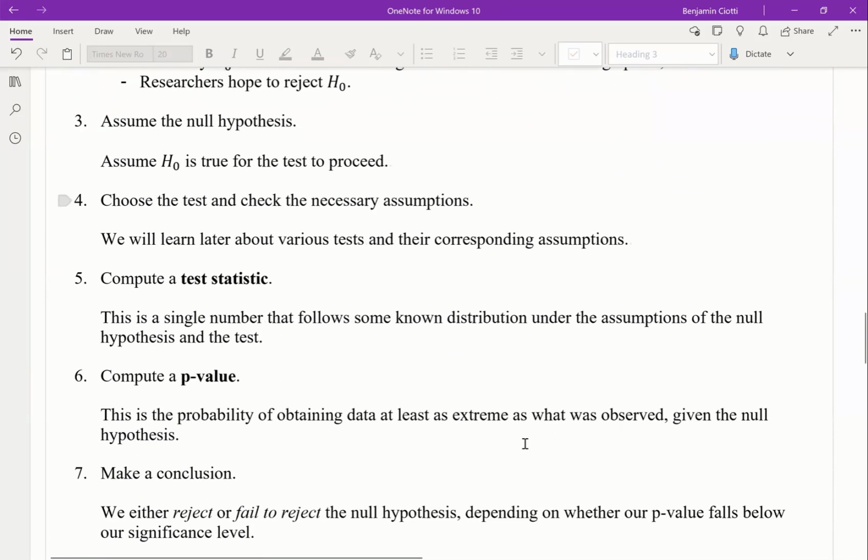The next step in hypothesis testing is to compute your test statistic. So this is some single number, and it follows some known distribution, at least under the assumptions of the null hypothesis.